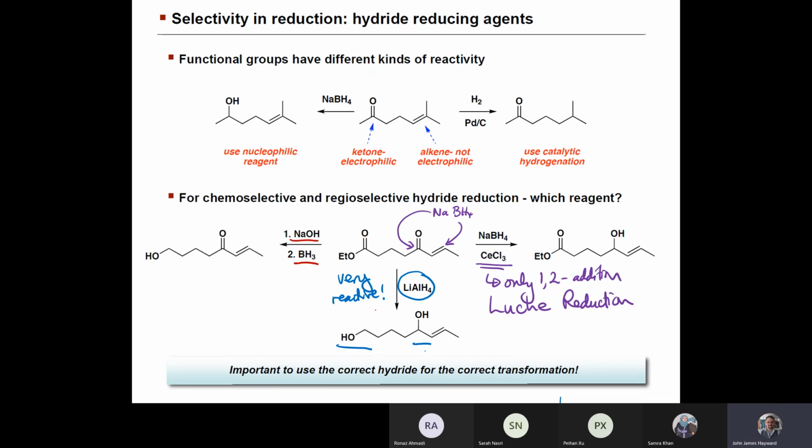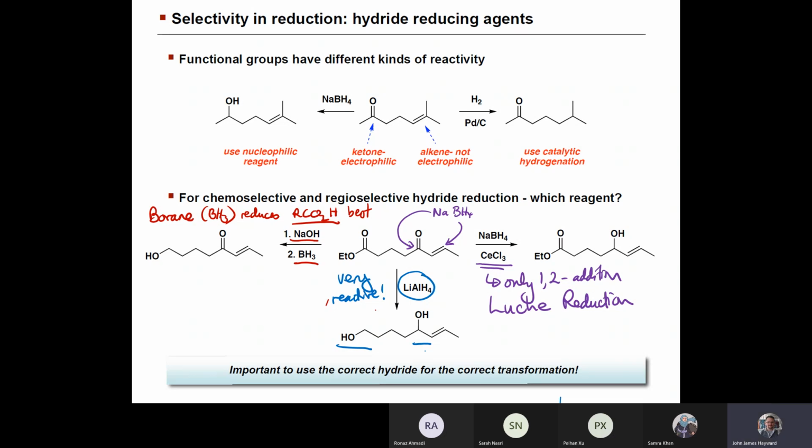Borane is a selective reagent for the reduction of carboxylic acids. So borane, BH3, reduces carboxylic acids at best. It'll reduce other things as well if you give it enough time, but it's best for carboxylic acids.